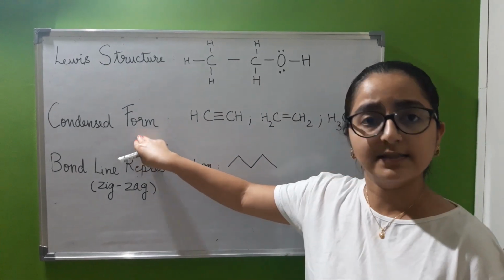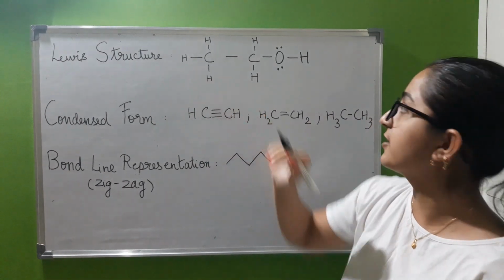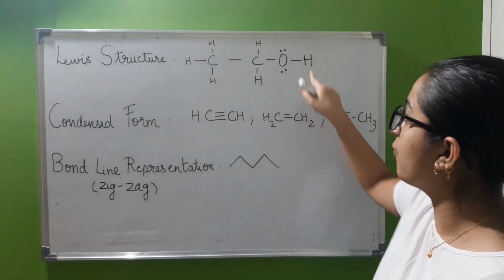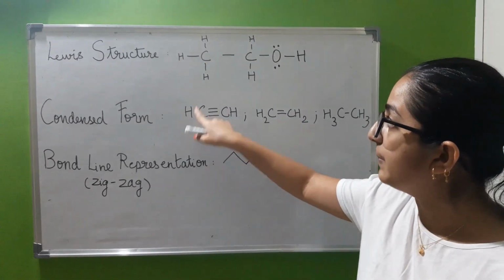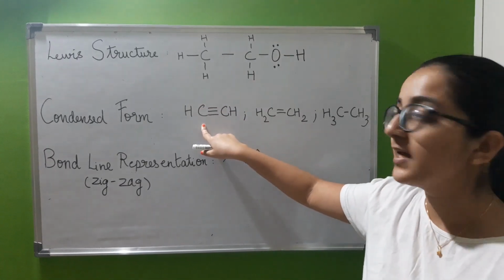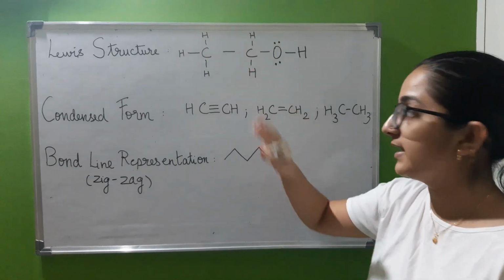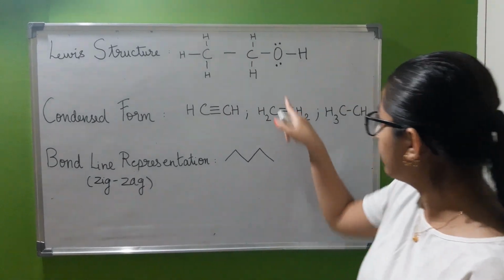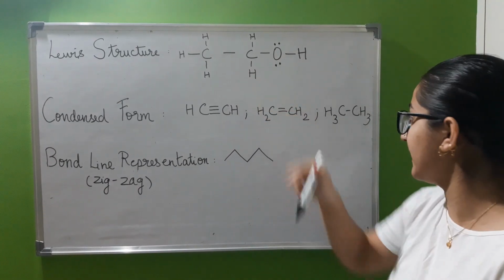Now looking at the condensed form. The condensed form is different from the Lewis structure in that we don't represent the extra bonds formed by the carbon chain. We just directly write the number of hydrogens it is attached with and the bond to the adjacent carbon. Taking the earlier example, that was ethane.